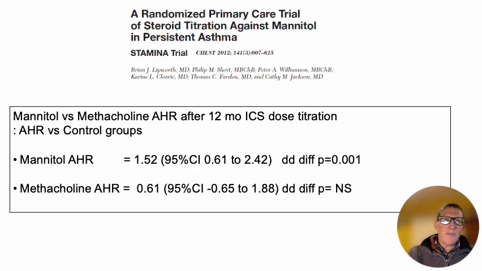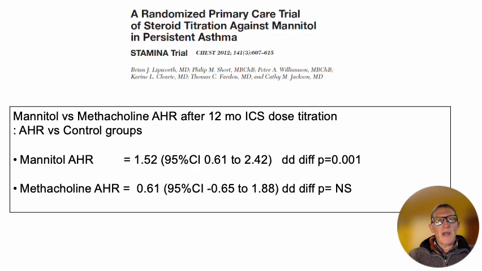This is another community study in primary care, where we randomized patients to titrate the dose of inhaled steroid. We used a reference inhaled steroid, namely ciclesonide, in this study. Over 12 months, there were 2 randomized groups.